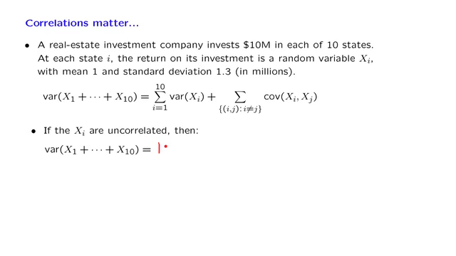Now, each one of these variances is equal to the square of the standard deviation, and we have a variance of 16.9. You then take the square root to find the standard deviation, and the square root of this number is 4.1.